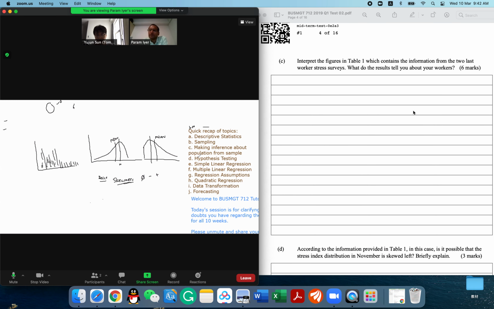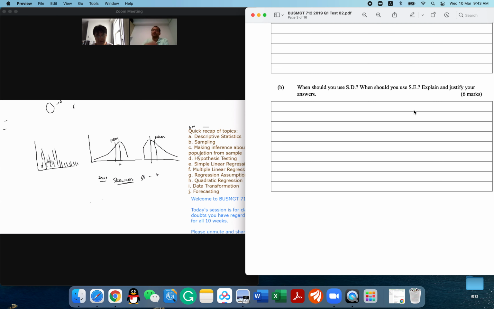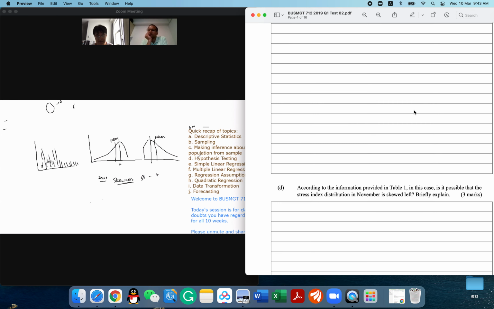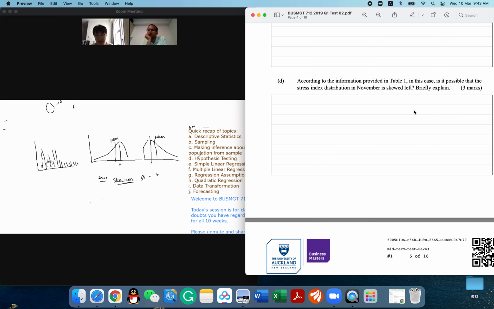Okay. So if the question is to check the skewness, first we can use the descriptive analysis and check the skewness. If it is negative, we think this is left skewness, and if it is positive, it's right skewness.